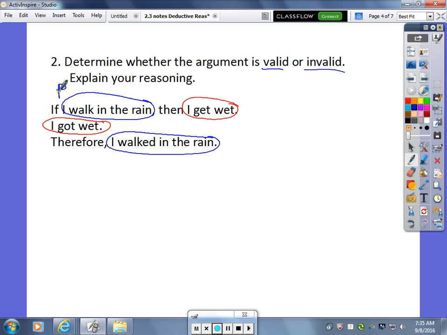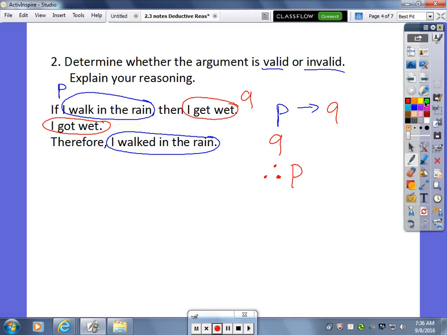I walk in the rain is P, and I get wet is Q. So in other words, if P, then Q. Now what follows thereafter is Q, I got wet. And the conclusion they came up with is, therefore, I walked in the rain.